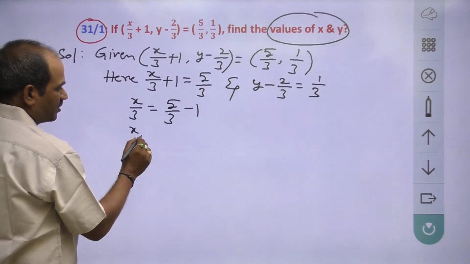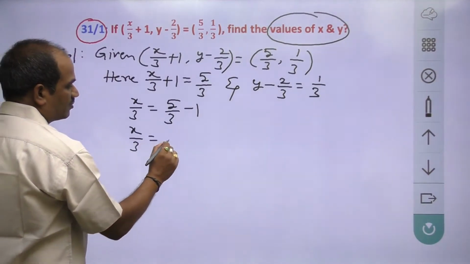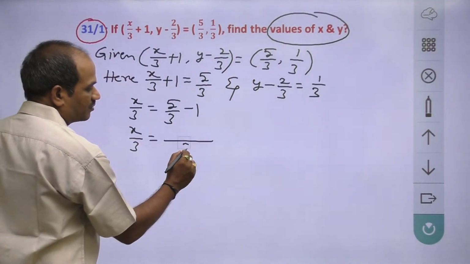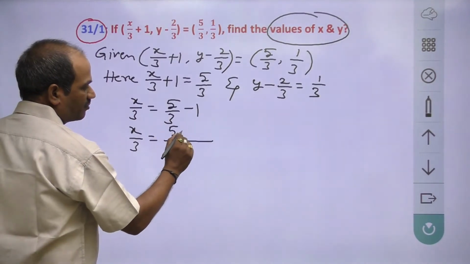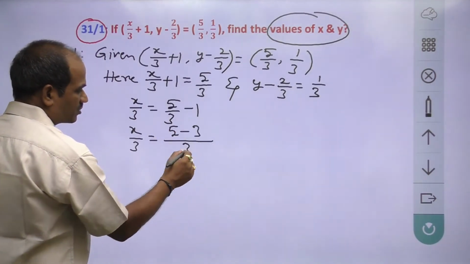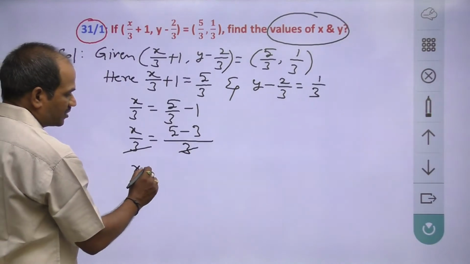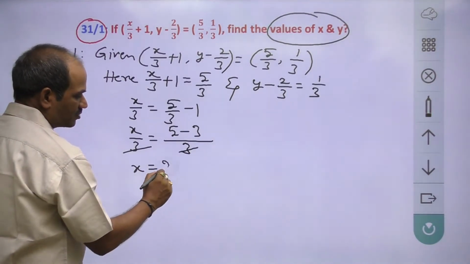Take the LCM, which is 3. So that is 5 minus 3 into 1, which is 3. Both sides 3 get cancelled. x is equal to 5 minus 3, that is 2. The x value is 2.